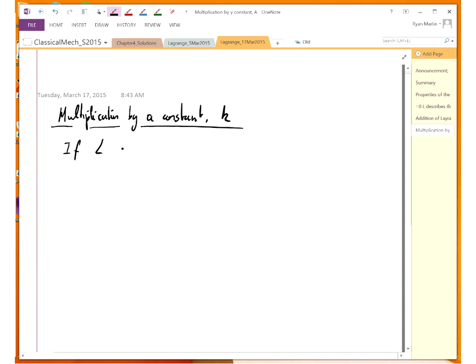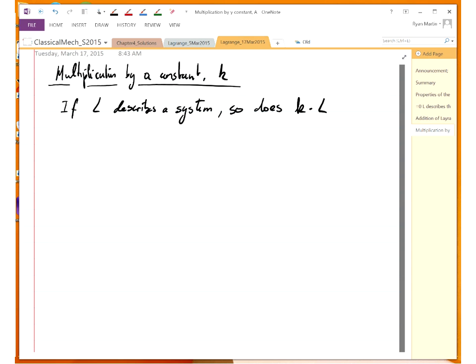So if L describes a system, so does k times L. That's again very easy to prove by looking at the Euler-Lagrange equation. L describes for sure the system, so it for sure satisfies the Euler-Lagrange equation. So d/dt of ∂L/∂q_i dot minus ∂L/∂q_i is 0.